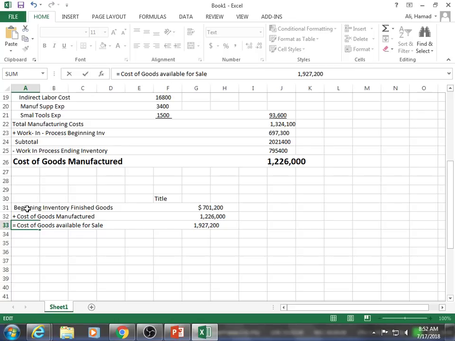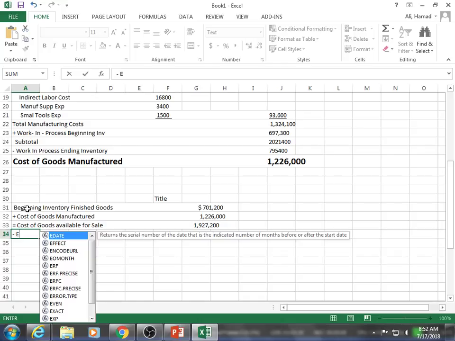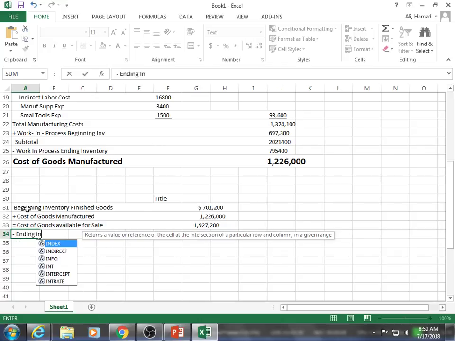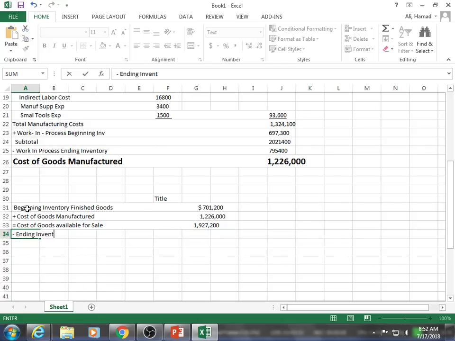Minus ending inventory, finished goods. Do we have that? Ending inventory, finished goods, it's at the bottom. 604,100.